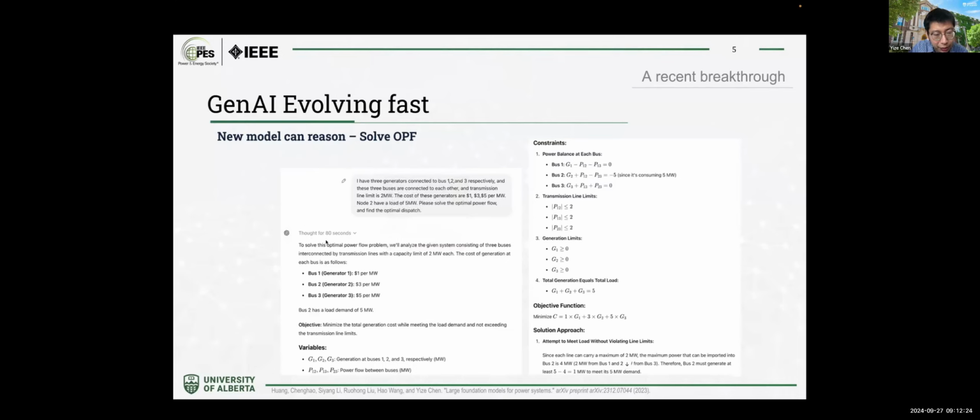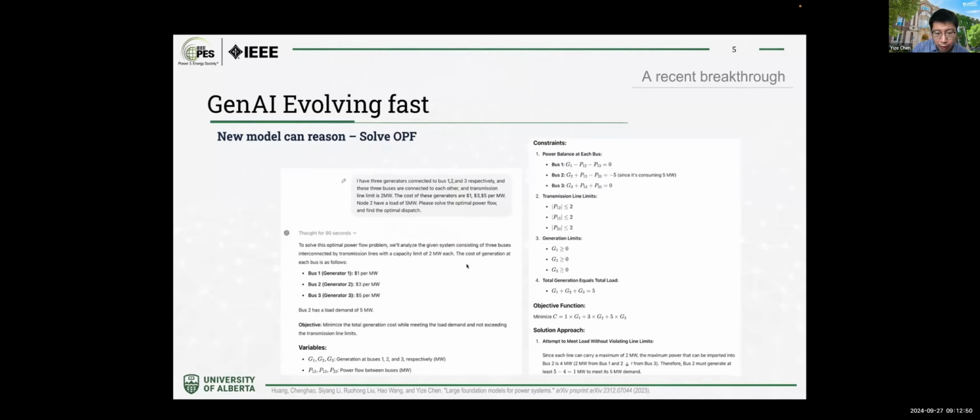After 80 seconds of thought, the O1 model first tries to restate what I mean in my natural language: what the cost is for each generator, what the variables are, and what the constraints are. By first formulating the problem, the OpenAI O1 model can also solve it step by step. And the results are quite accurate.